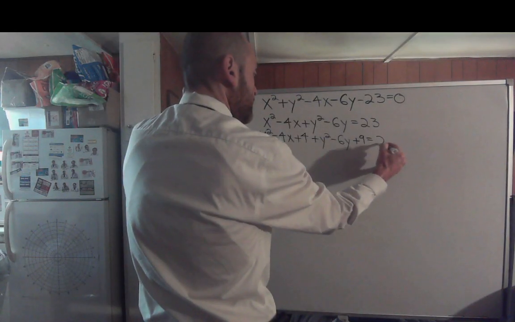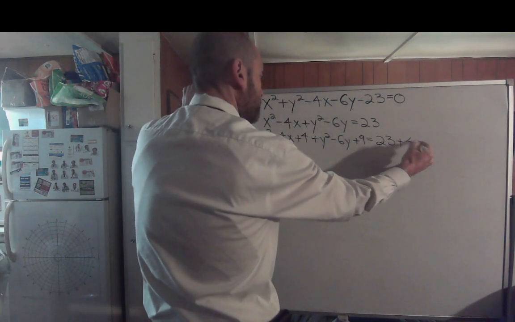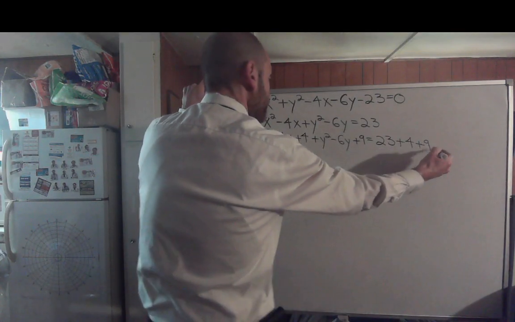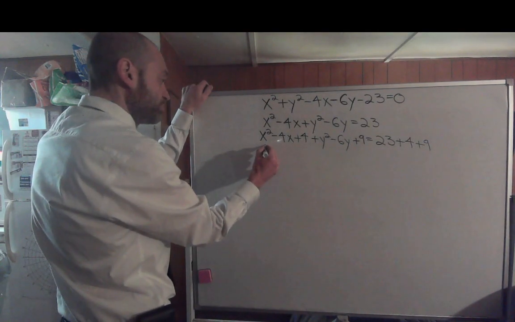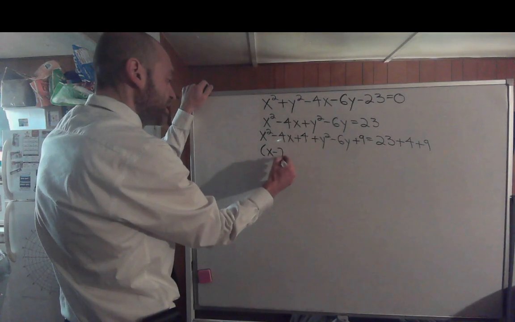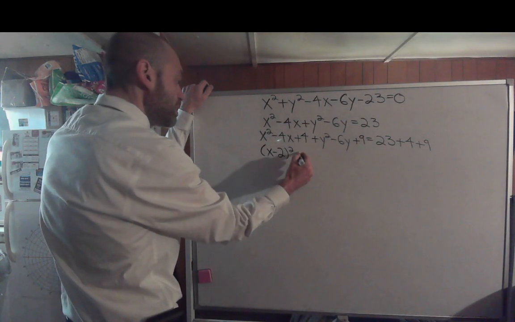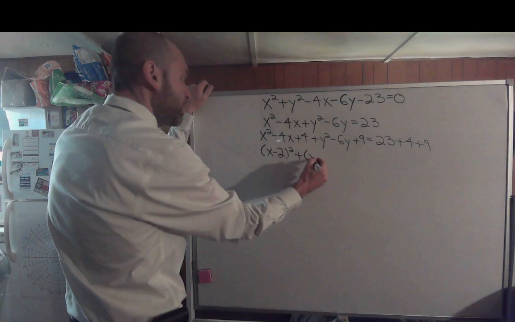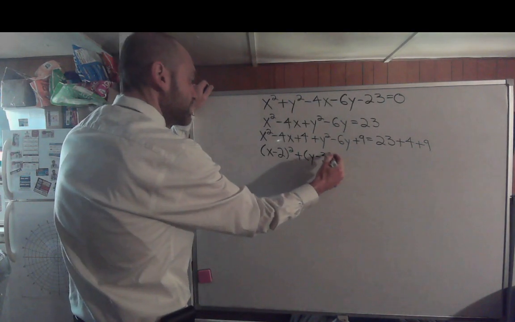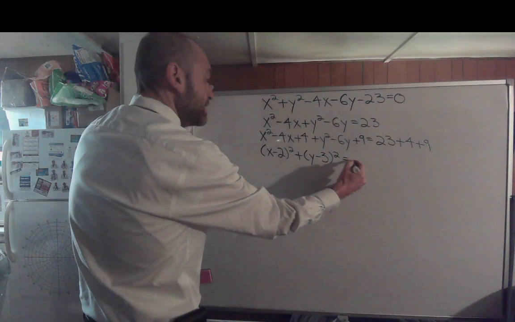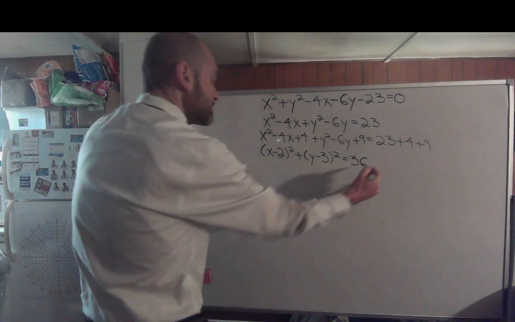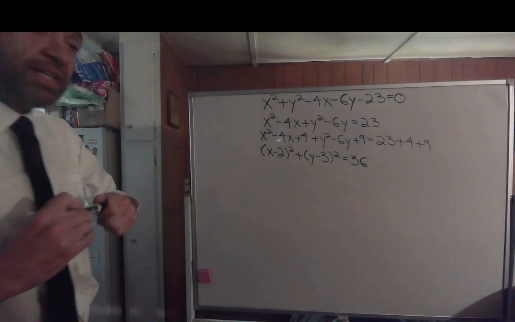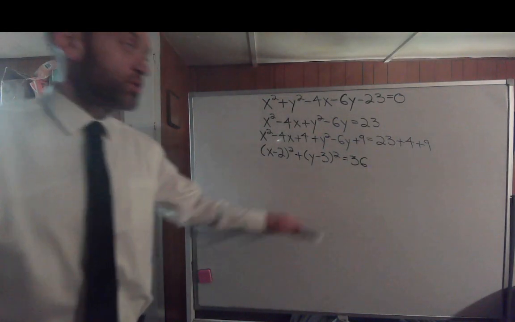That would equal 23 plus that 4 plus that 9. Alright, so this would simplify into the quantity x minus 2 squared plus the quantity y minus 3 squared is equal to 36. And as we see, we definitely have a circle.